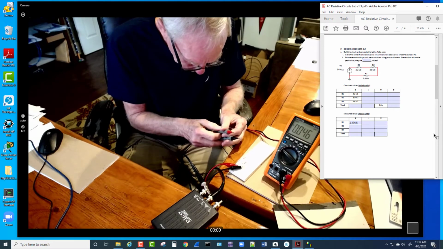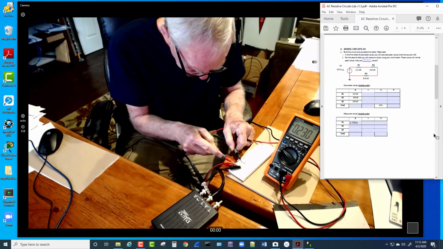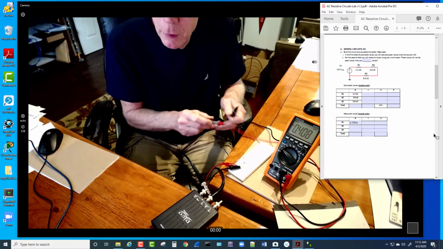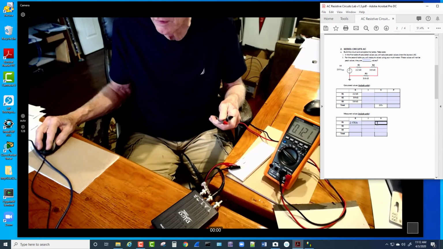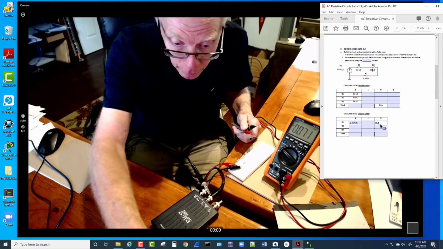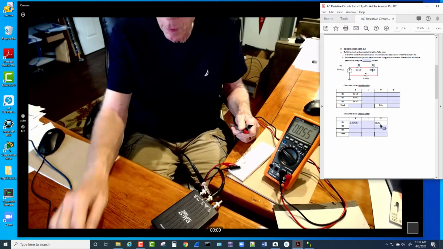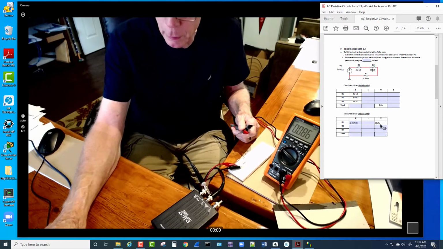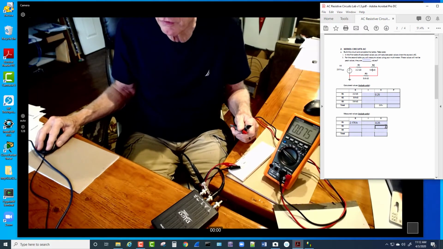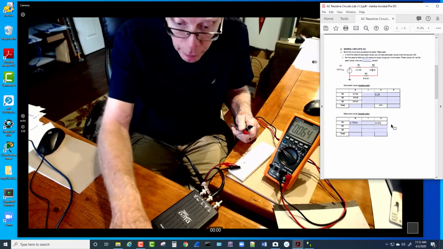Here's the voltage across the 2.2 K. And what does that come up to? 0.25. Right? So I'm just going to put that in there. I'll go down to the next one, and put in volts.